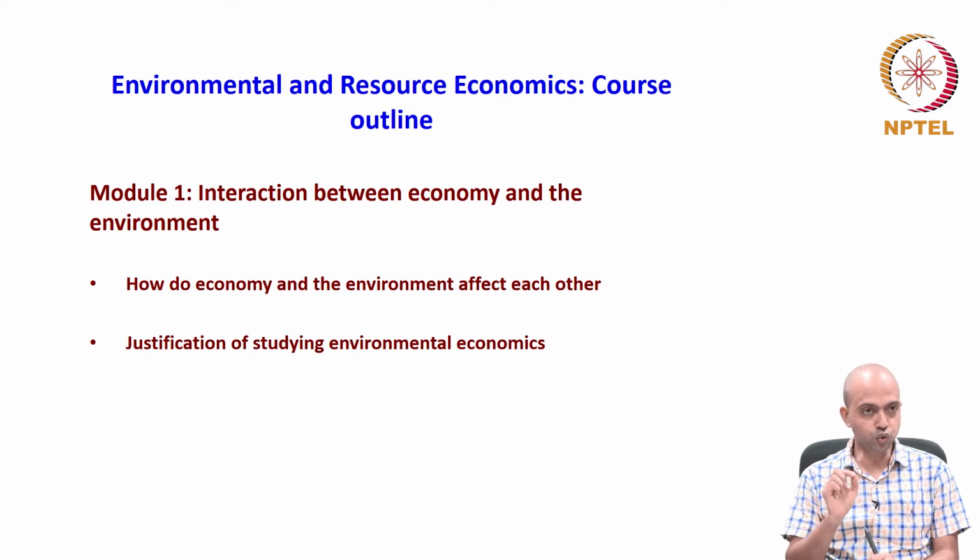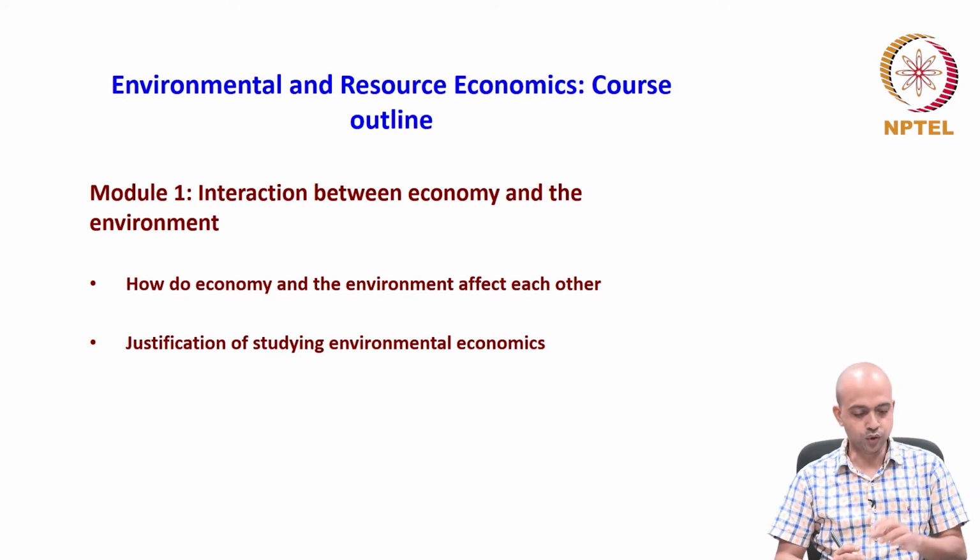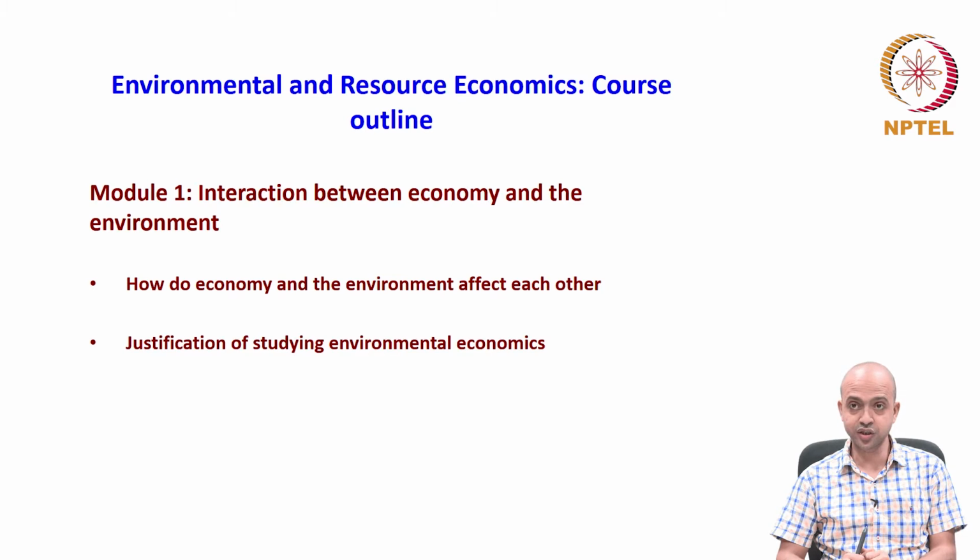So our module 1 is what we discussed yesterday. It is basically the interaction between economy and the environment. And two things we discussed: how do economy and environment affect each other?